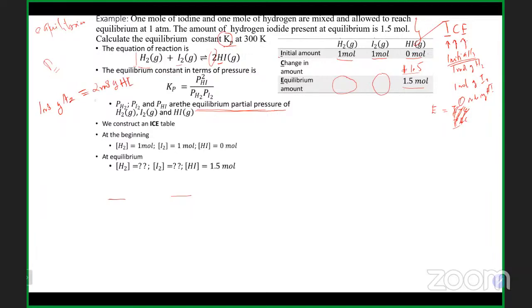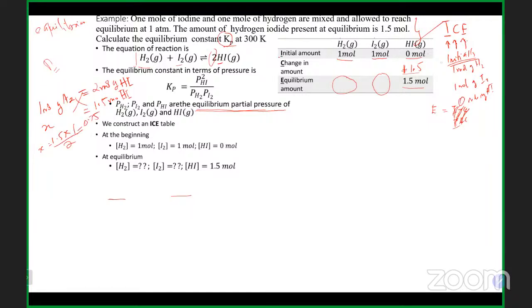If that's the case, 1.5 moles of HI will be equal to how many moles of H2? Let's say X. X will be equal to 1.5 times 1 over 2, cross multiplying, and this will give us 0.75.